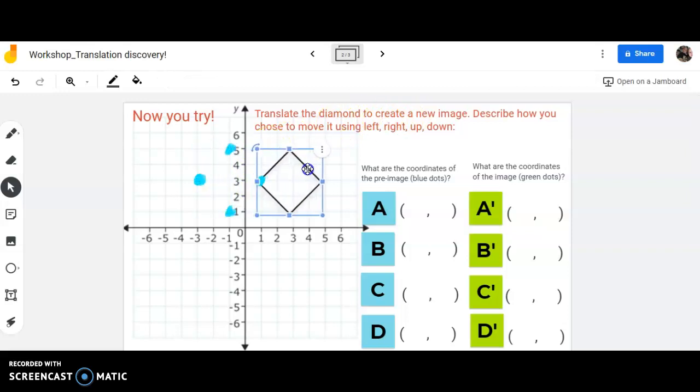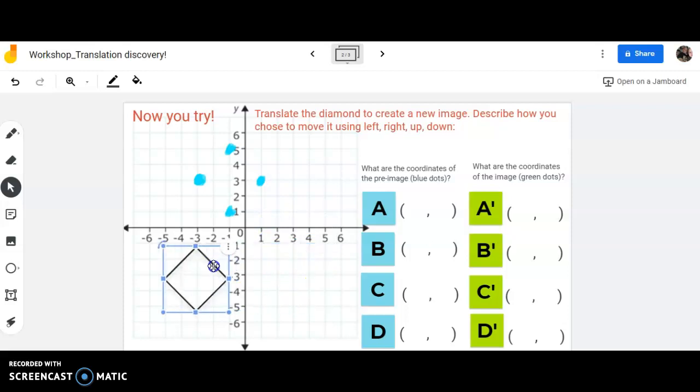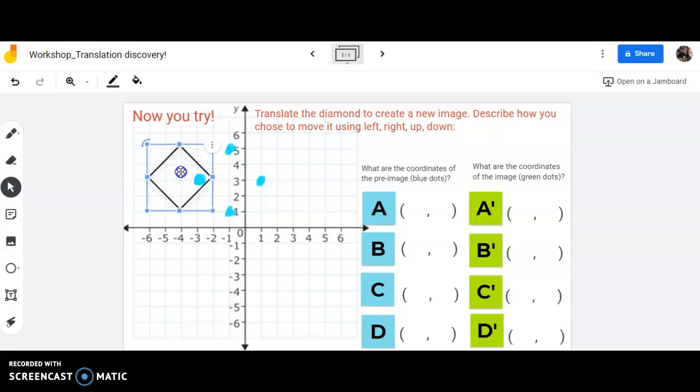So you go ahead and move it where you want to, but you have to know how you moved it because you're going to have to describe what you did. So you're going to have to say whether you moved it to the right and down, whether you moved it left and up. You can move it where you want, but make sure you're able to describe what you chose.